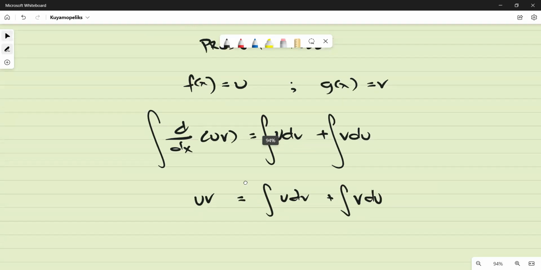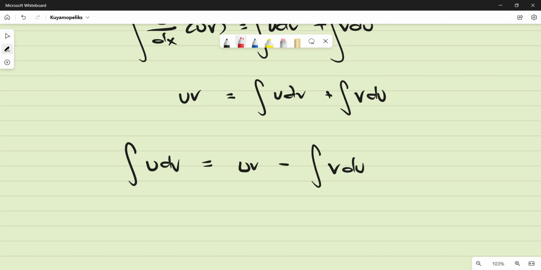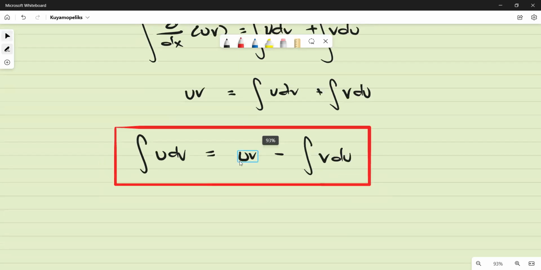Dito galing ang integration by parts. Kapag na-rearrange na yan, guys, which is ito yung original given most of the time, yung u dv, that is equal to uv minus integral ng v du. Charan. So yan lang siya. This is your integration by parts or IBP. Diyan lang yan dinerive.